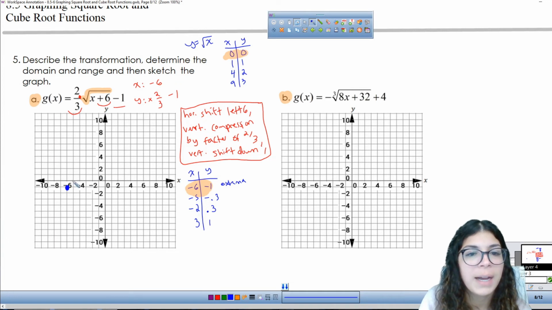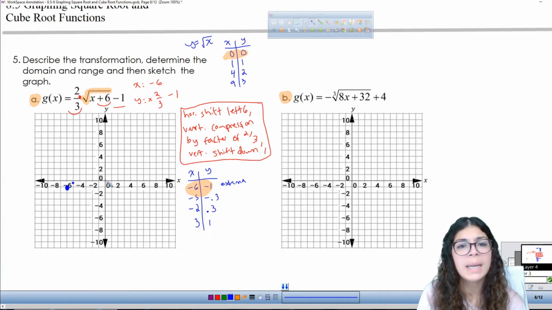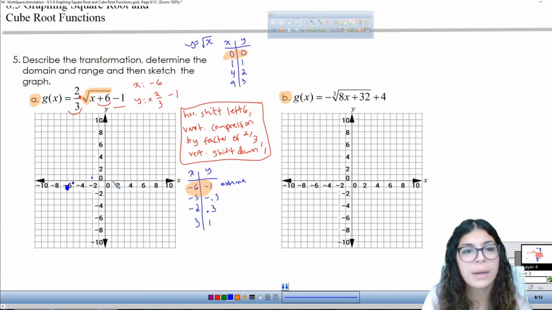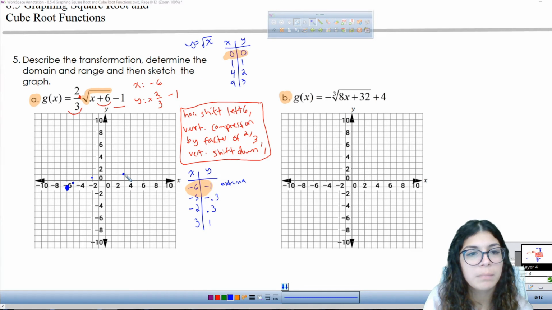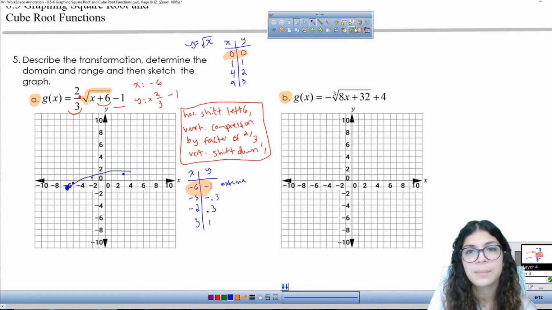And then -5 and -0.3, so kind of 1/3 of the way to -1. -2 and +0.3, and 3 and 1. All right, so we go ahead and connect the dots. Now notice there was no reflection here, so we are still going up and to the right.